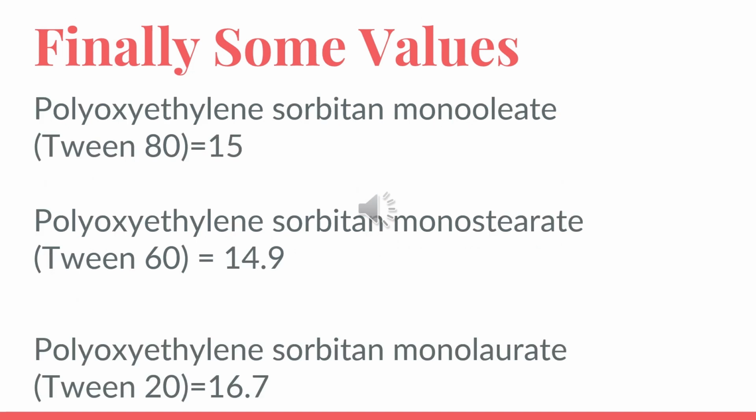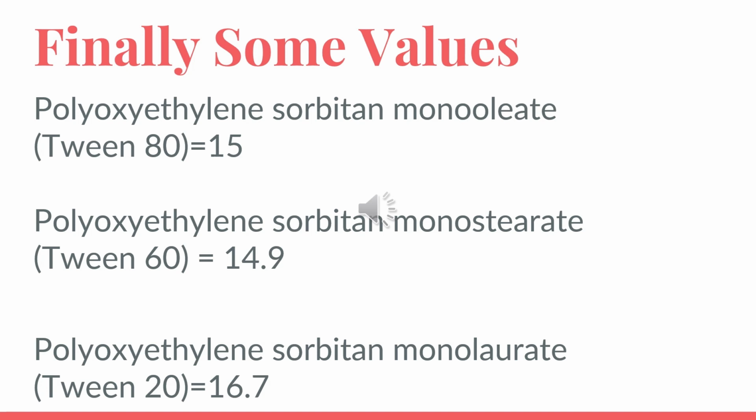Now some other HLB values: polyoxyethylene sorbitan monooleate, which is Tween 80, has the HLB value of 15. Polyoxyethylene sorbitan monostearate, which is known as Tween 60, has an HLB value of 14.9.